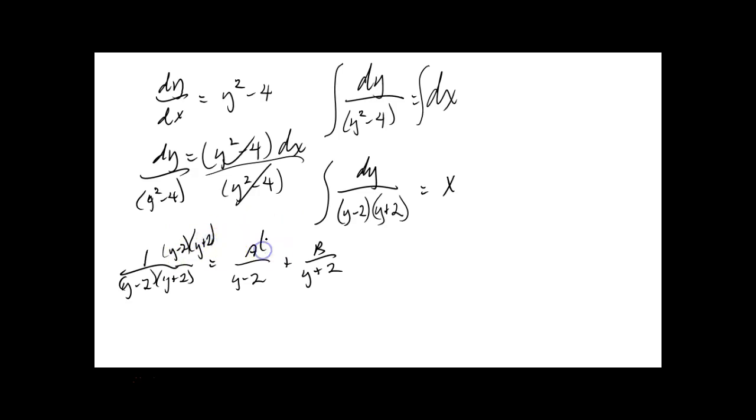Here your entire denominator goes away and all you're left with is 1. Here the y minus 2 goes out and you have A times y plus 2, plus, the y plus 2's go out here, B times y minus 2.